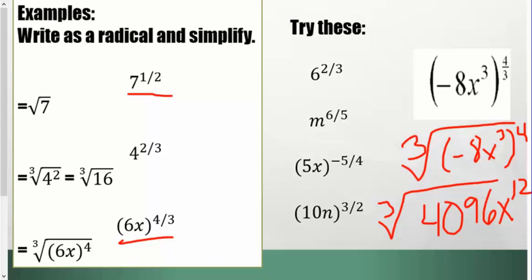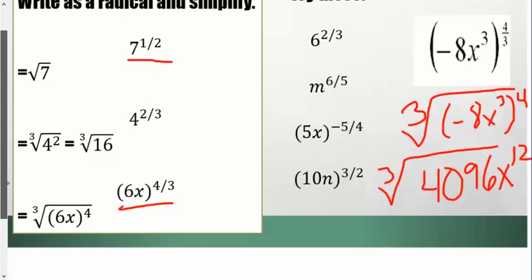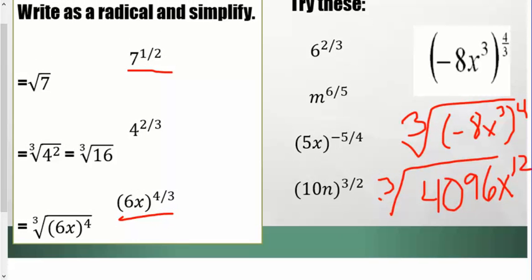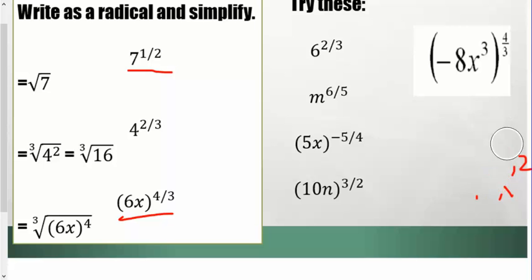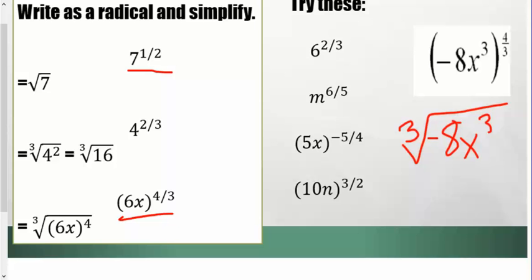Now, this is where it gets a little bit complicated, and we could have even done this in the beginning step. We kind of know the cube root of our powers to begin with. Before I even raise it to the fourth power, I know the cube root of negative 8 to the third is negative 2.